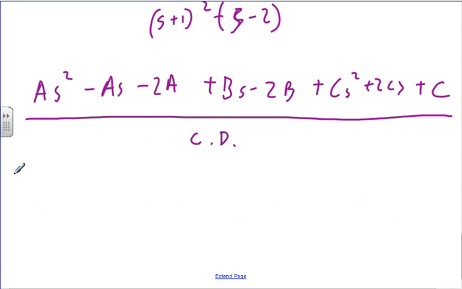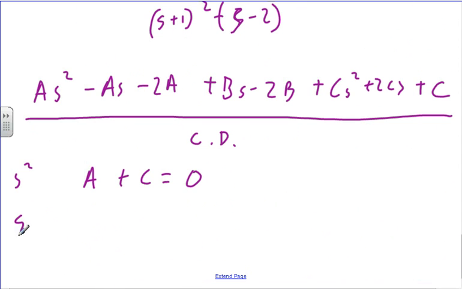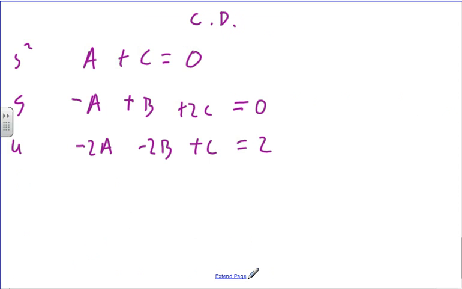Okay, so I'm looking at the s squared term. I have an A plus C, and my A plus C is going to be 0. Looking at the s term, minus A plus B plus 2C has to be equal to 0. I look at the unit term, minus 2A minus 2B plus C, and it has to be 2.